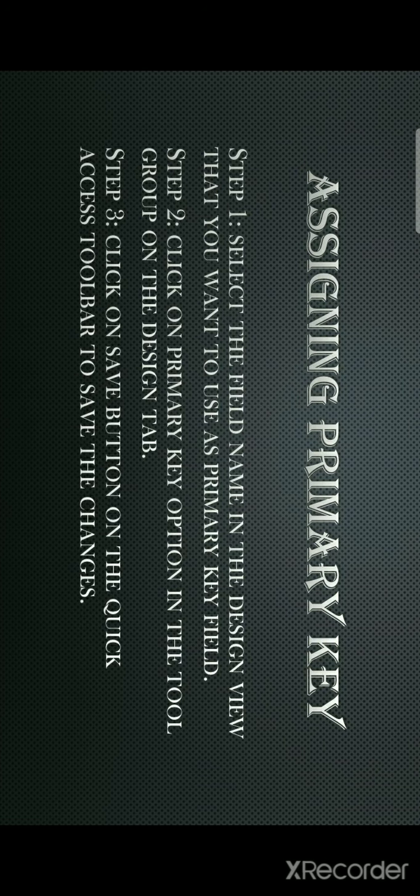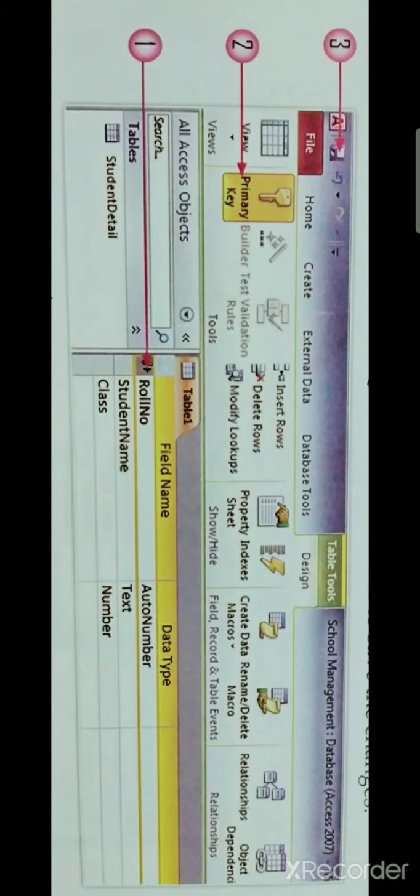Now we learn how to assign a primary key. For this we will follow some steps. Step 1: select the field name in the design view that you want to use as the primary key field, as shown in the following figure.